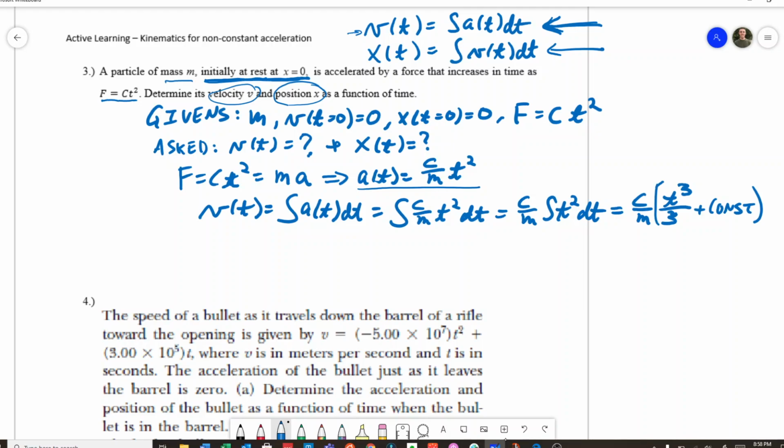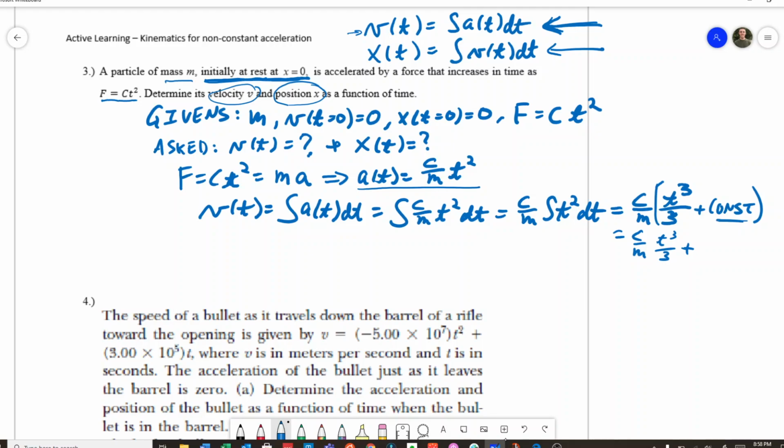All right, now c over m is a constant value, and this constant here is an arbitrary constant. So note that I can multiply c over m through here, and the first term is c over m t to the third over 3. The second term is just going to be some other constant, right?